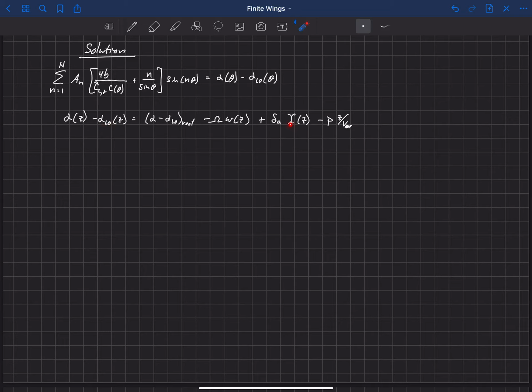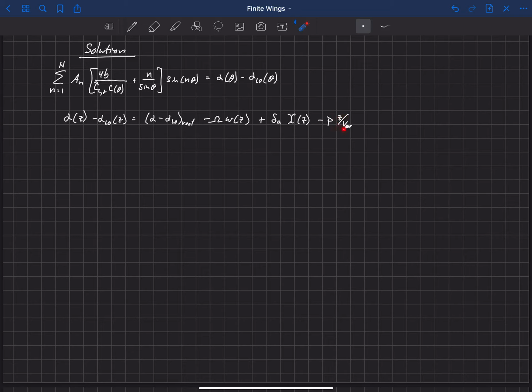And we're going to multiply that by some distribution of that change and a magnitude, just like we had a distribution of twist and a magnitude of twist or washout for this term. And then finally, this term on the right is our rolling rate, and that's directly proportional to z. So our change in angle of attack there is directly proportional to z because it's linear. The further out on the wing you are, the larger change in angle of attack you'll have due to rolling rate.